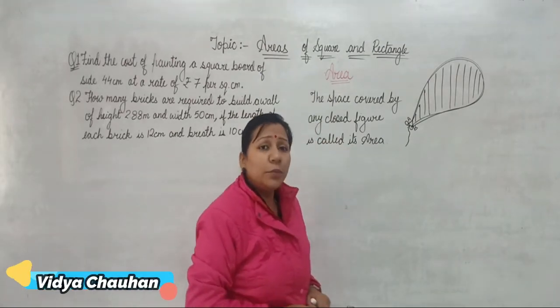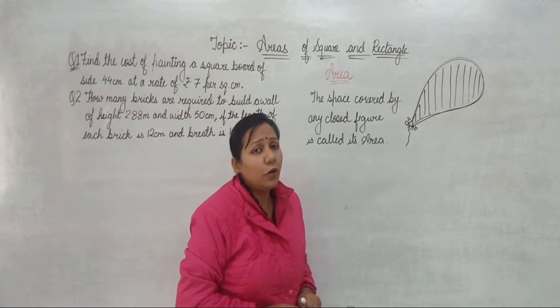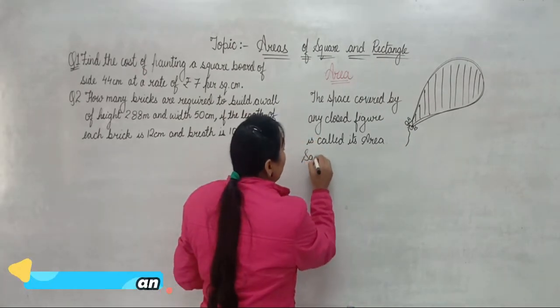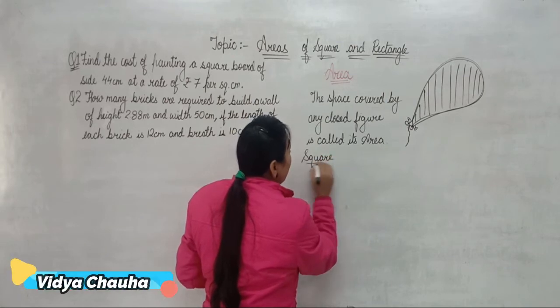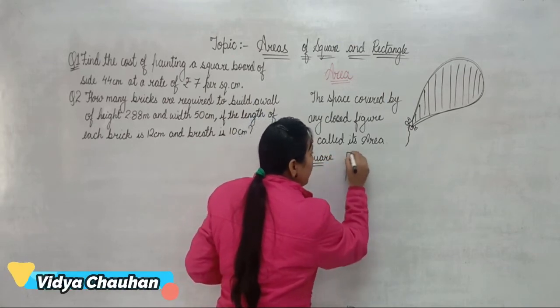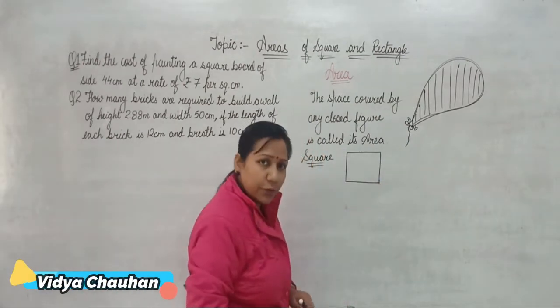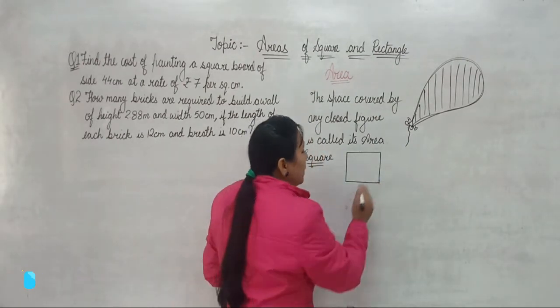Now coming to the formula for finding the area of the square. So very first, if I talk about a square, as you all know, a square is a figure whose all four sides are equal.